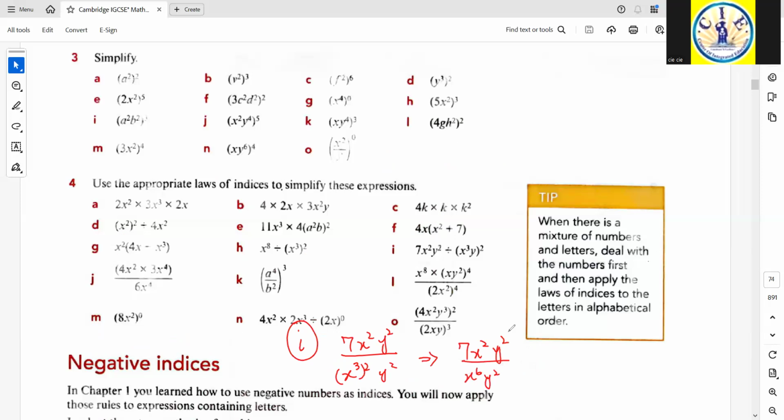Now y squared can be cancelled out, and for x, I need to shift the smaller power in the denominator, which will give me x raised to power 6 minus 2, generating the answer to 7 divided by x raised to the power 4.